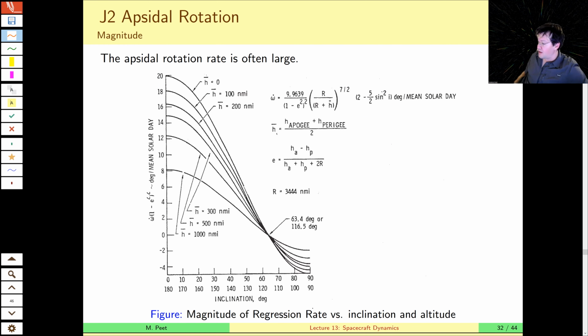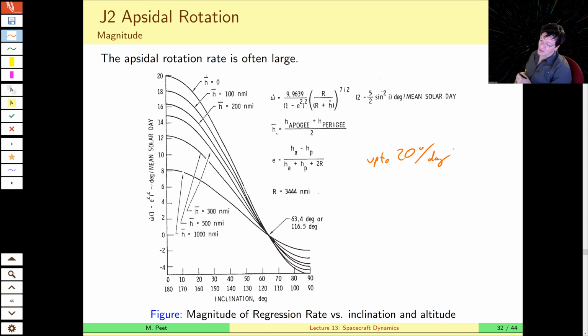Well, it turns out they could be even bigger than right ascension changes. They can be very large indeed. Up to, again, 20 degrees per day. Our change in argument of periapse, which is huge, right? Huge change in argument of periapse.